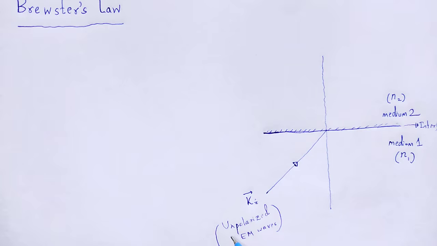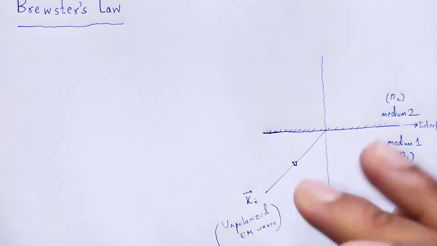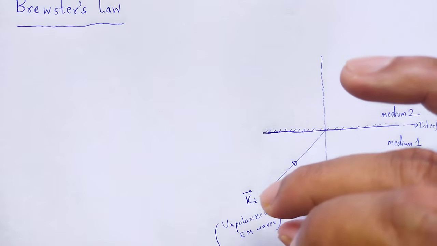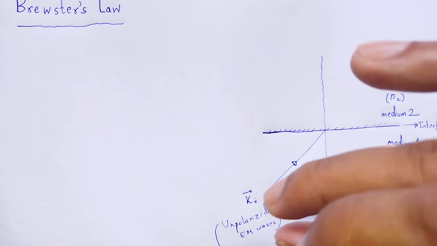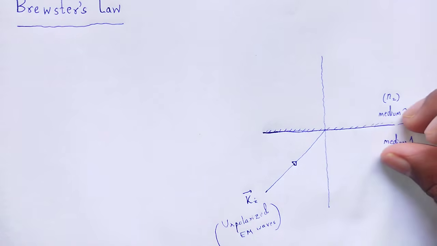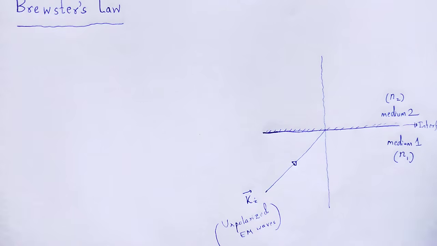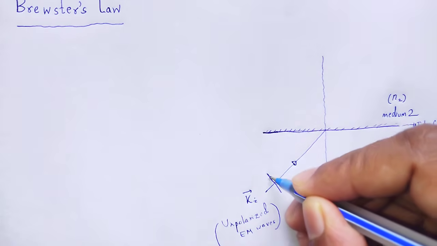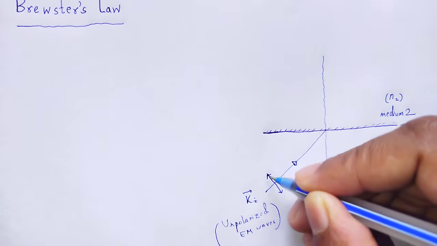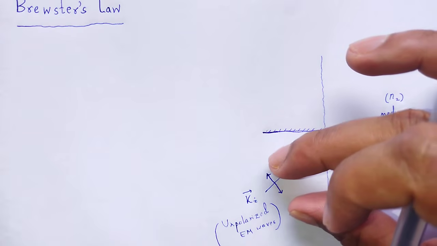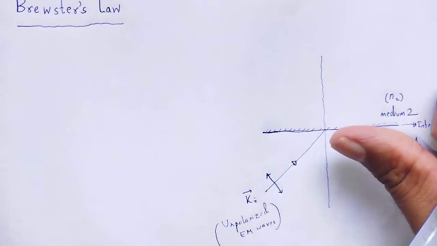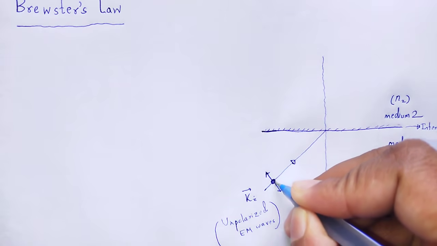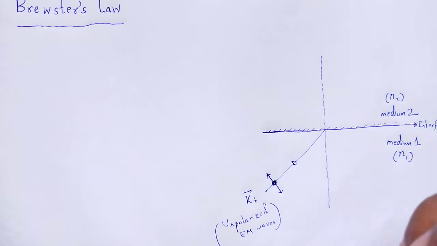As we consider unpolarized electromagnetic waves, here the electric field components are in directions perpendicular to the plane of incidence as well as parallel to the plane of incidence. In this figure, this way is parallel to the plane of incidence, and the dotted line is perpendicular to the plane of incidence.